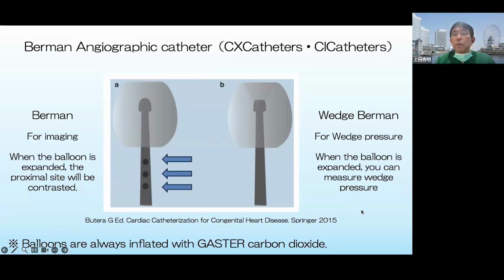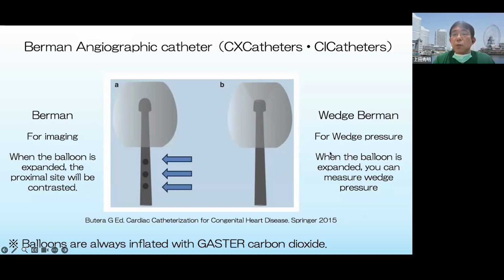If we use the wedge Berman catheter, we just inflate the balloon at the very peripheral side of the pulmonary artery. We are able to measure the PA wedge pressure, which indicates the left atrium pressure. This is the most accurate way to evaluate the pressure of the left atrium.